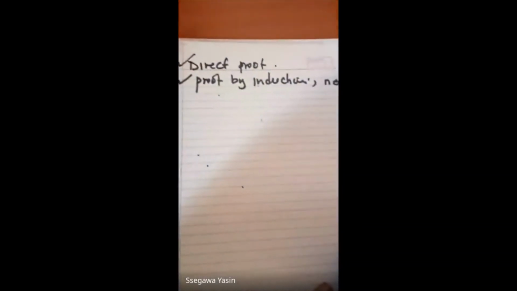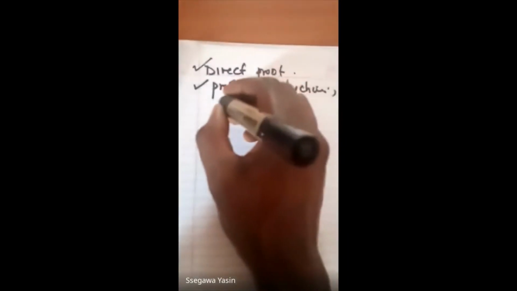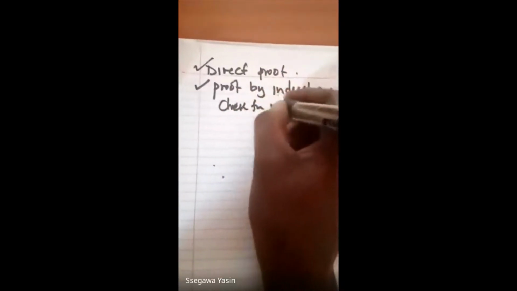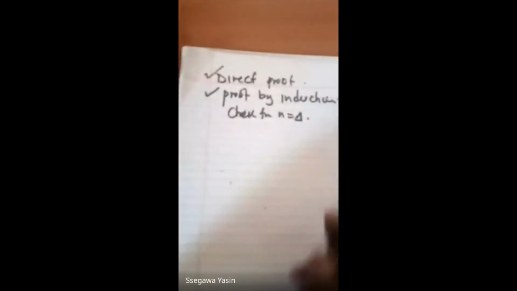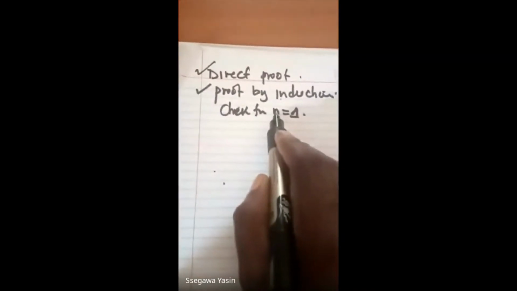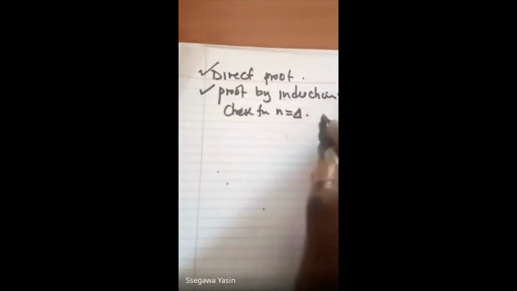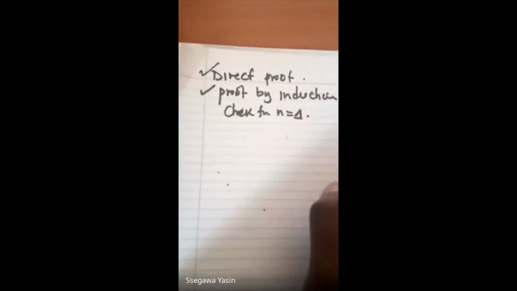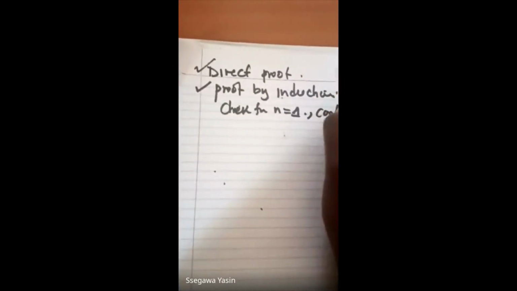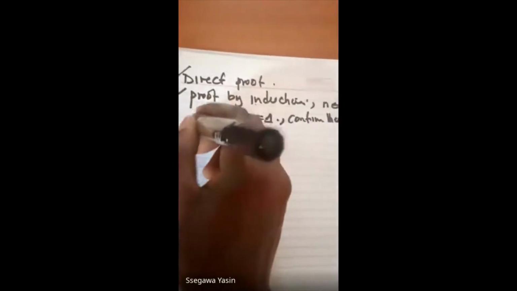So we start by checking for n is equal to 1 in the given formula. Remember, in most cases we are using n, but if it is r, then you use r. If it is p, use p. Then you confirm that it holds.